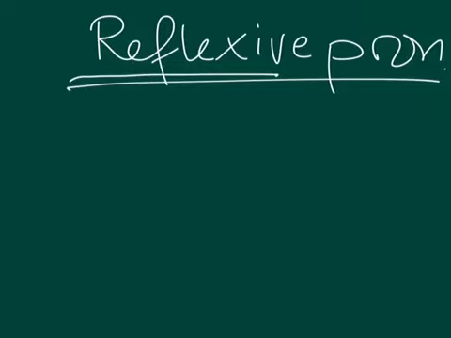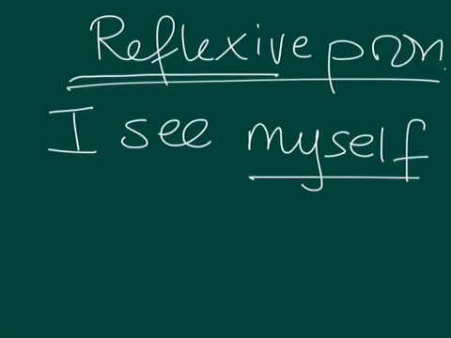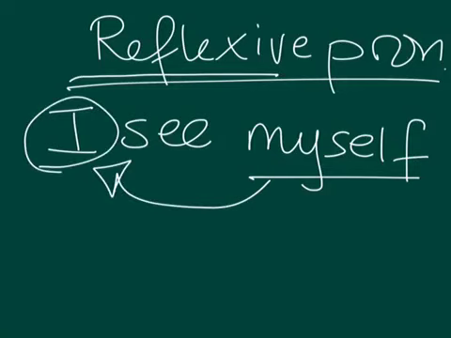An example of a reflexive pronoun would be: I see myself. Myself is a reflexive pronoun because I am looking back at the personal pronoun. They are also emphatic pronouns, which are a different type of reflexive pronoun.